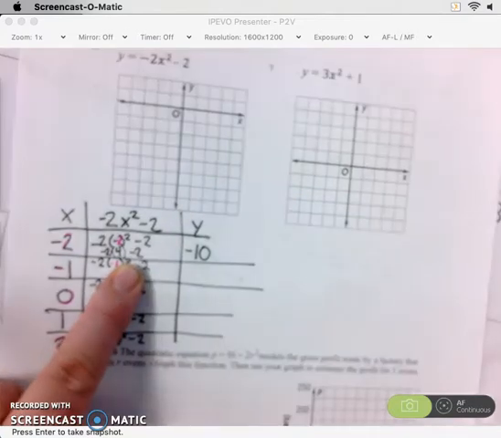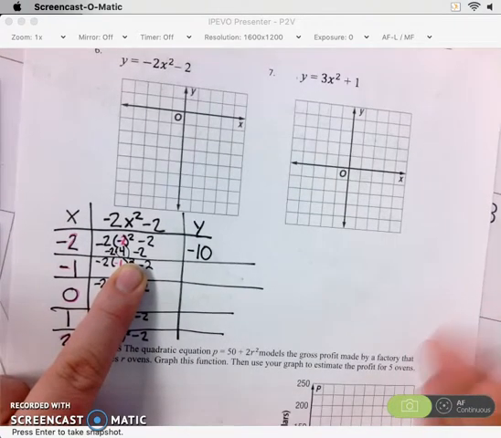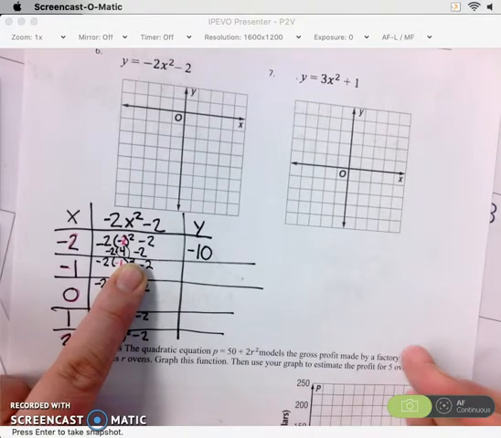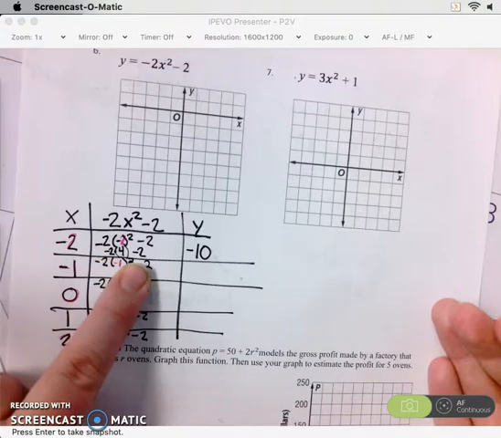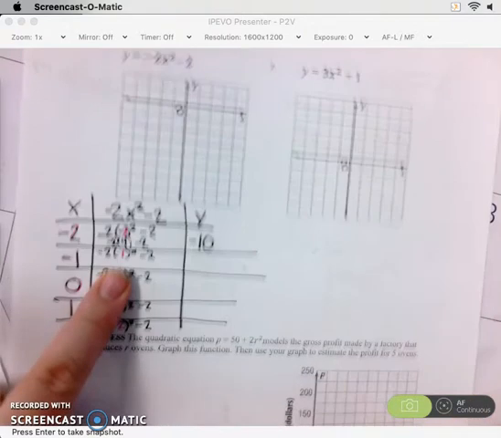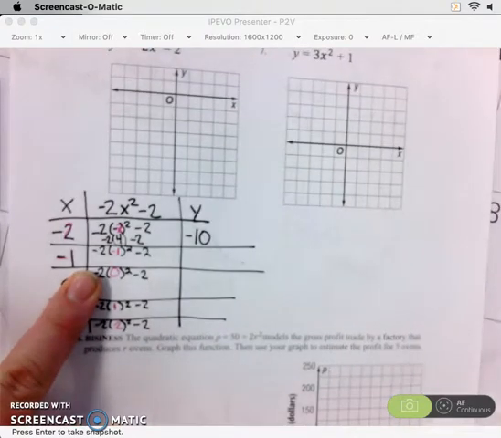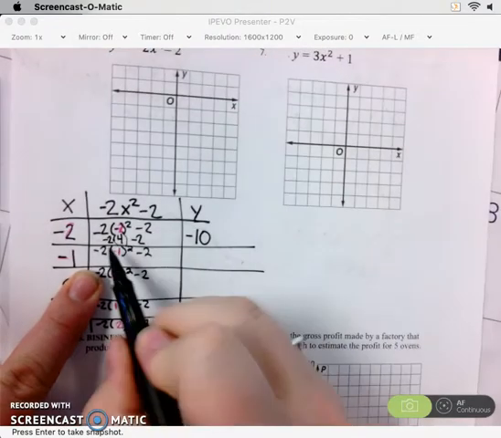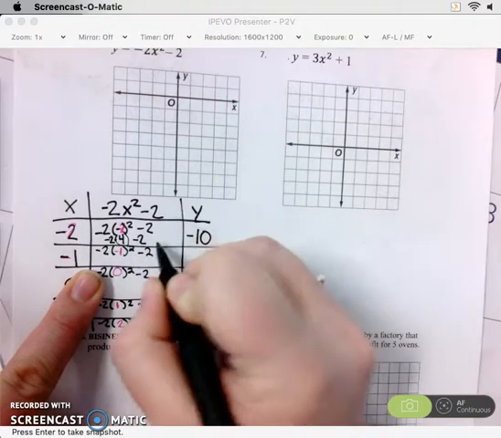This is where you can use a calculator to figure out what -2 times -2 is, and then multiply by the -2, and then subtract the 2. But you have to remember the order of operations, understand? Okay, so -1, why is it -2? Because we got the 4, but the 4 times a -2 is a -8.